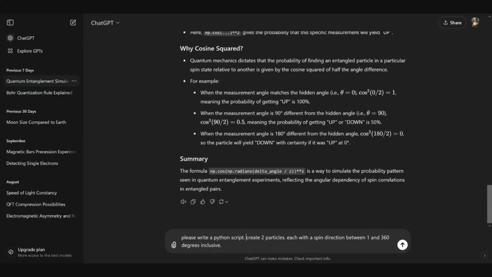Create two particles with opposite spins. Each particle, each spin direction will be between 1 and 360 degrees inclusive.